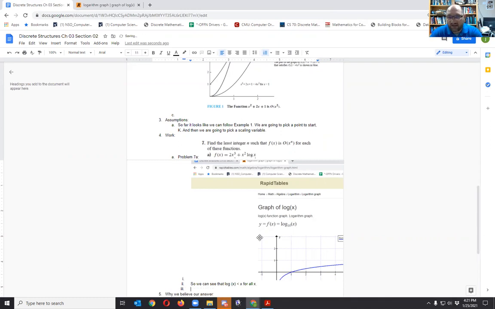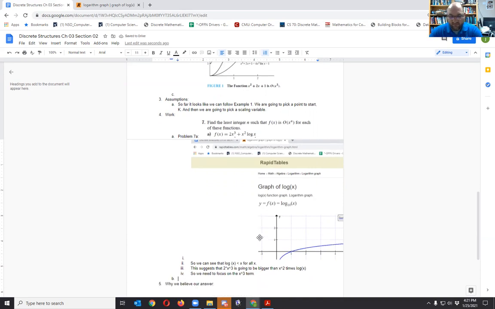Okay, now the second part of this. So that means two times x cubed is going to be bigger than x squared times log of x. So we need to focus on the x cubed term.